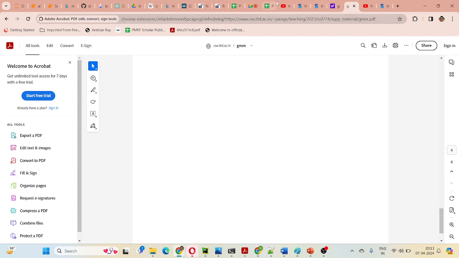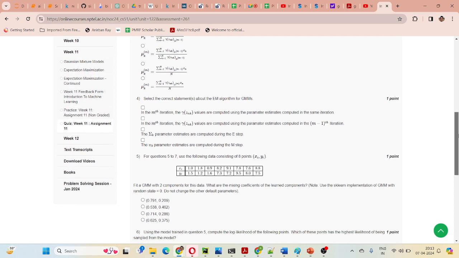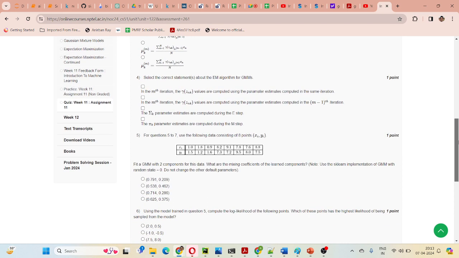Just stop here. This is also from the theory only. About the correct statement: at the m-th iteration, the parameter estimates are computed. Just the theory you have to see again.